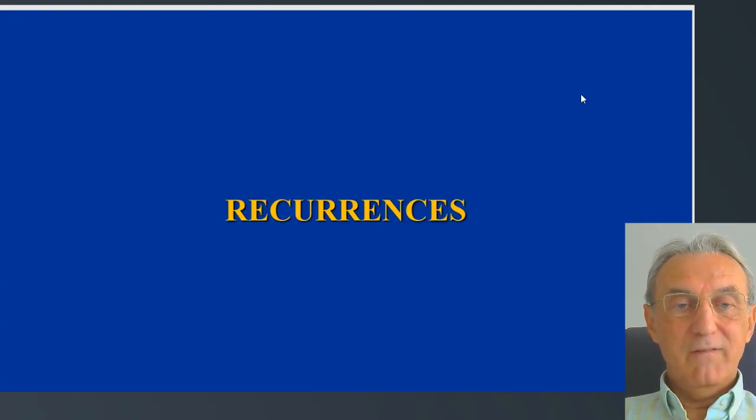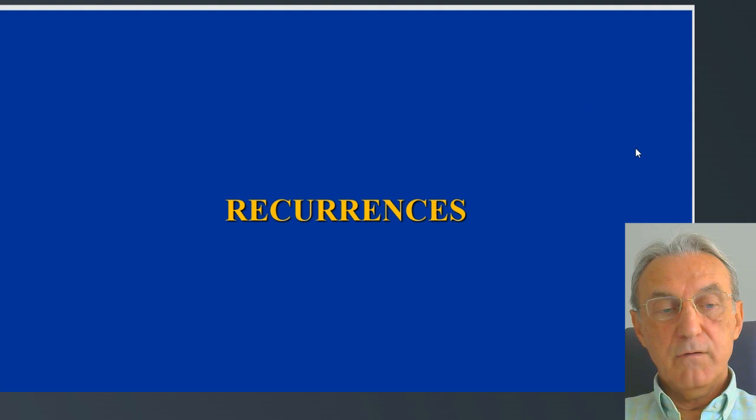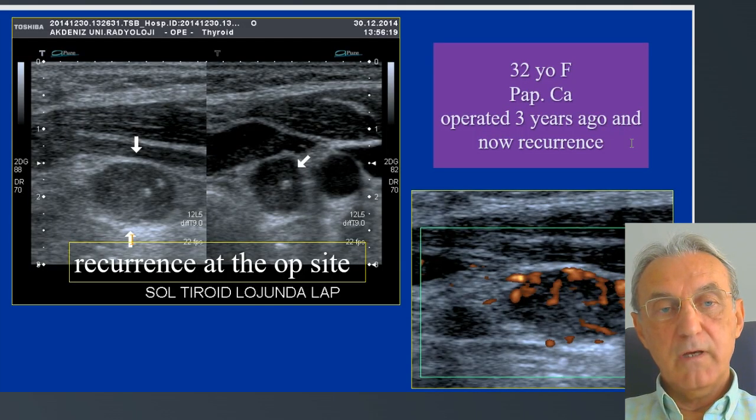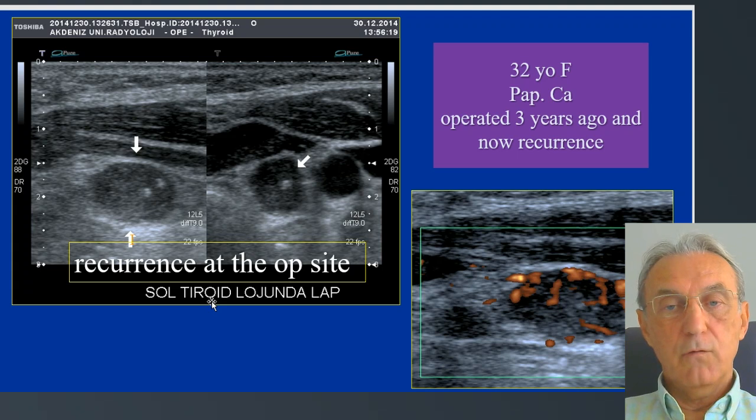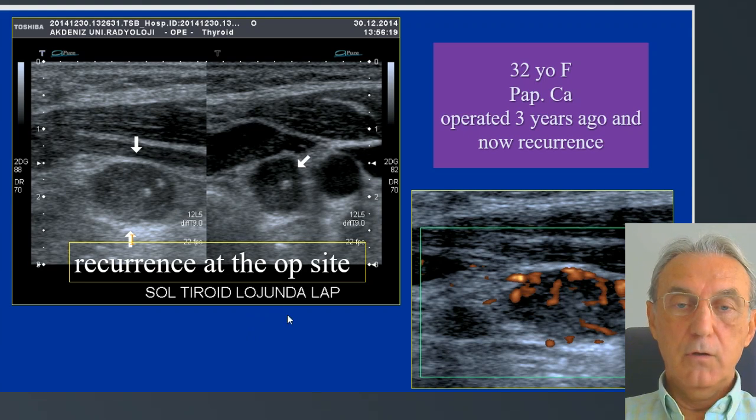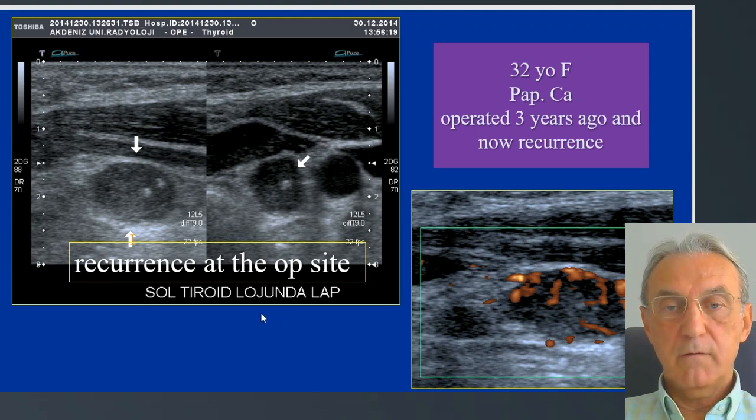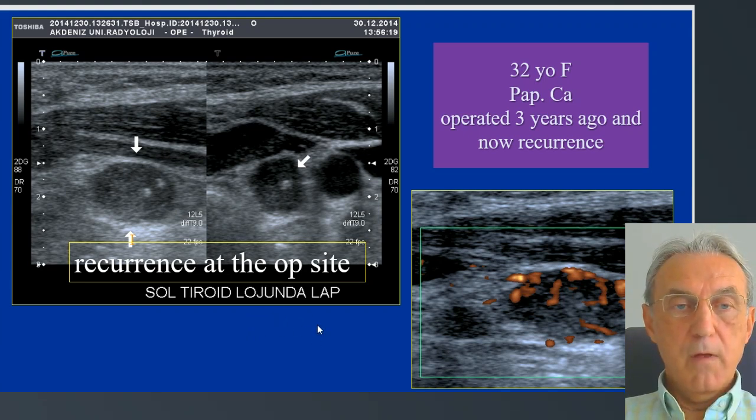How do we detect the recurrences after treatment in thyroid cancer? Of course, ultrasound is the first method, but of course you should add the laboratory test. Thyroglobulin should be checked in the controls.